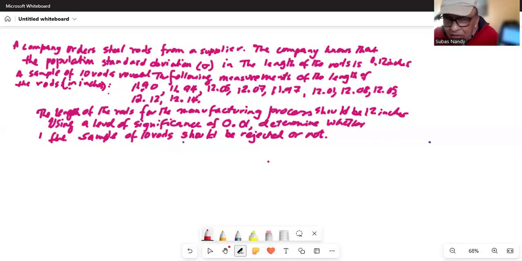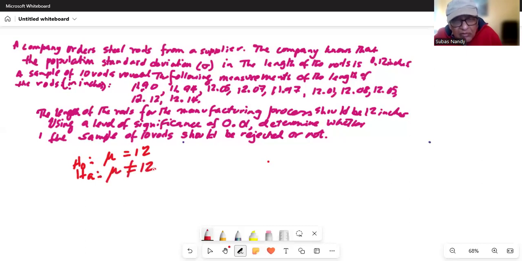So for hypothesis test purposes, we can write H sub 0: mu, the population mean, is equal to 12, and the alternate hypothesis is mu not equal to 12.